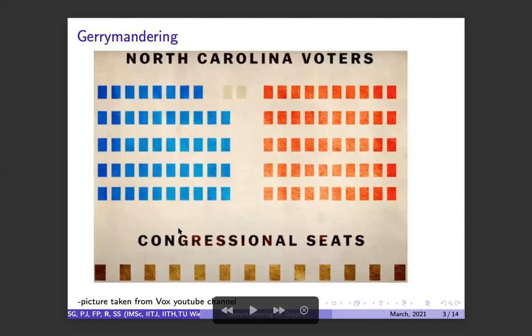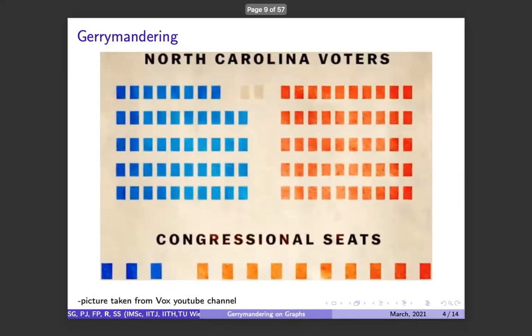So you would assume that among the 13 seats, 6 seats probably will be owned by the blue candidate, and 6 seats by the red candidate. But this is not what happened. This is what happened: only 3 seats were won by the blue candidate, and the remaining seats were won by the red candidate.